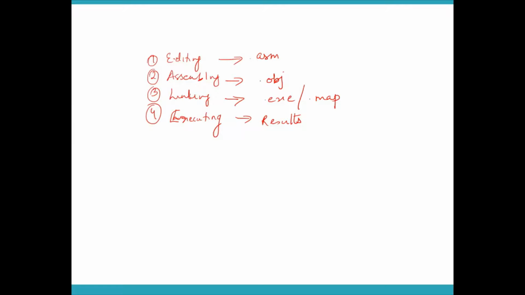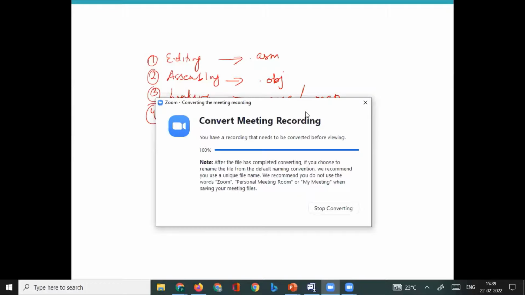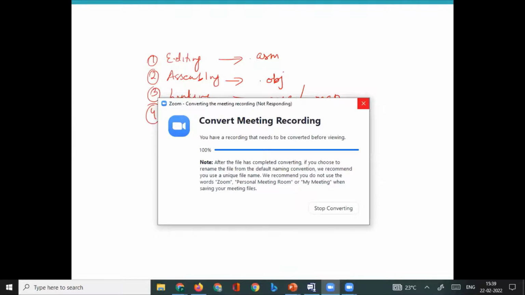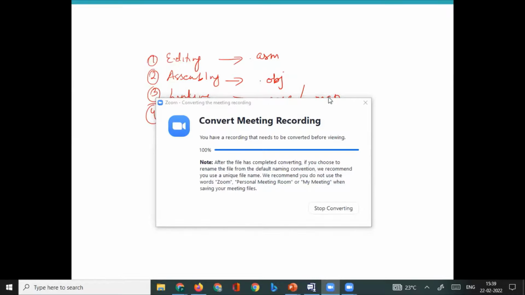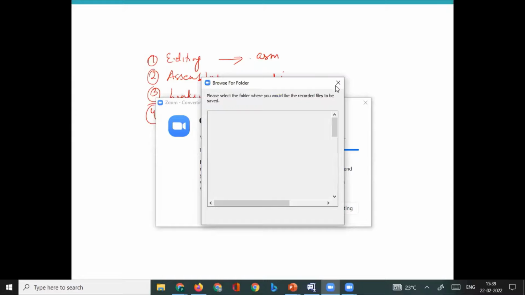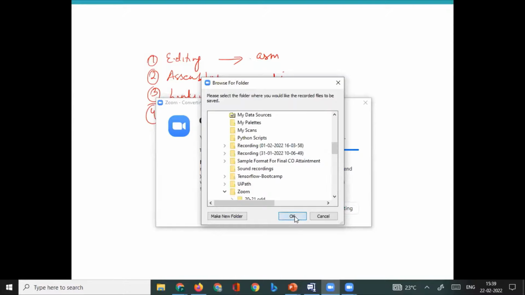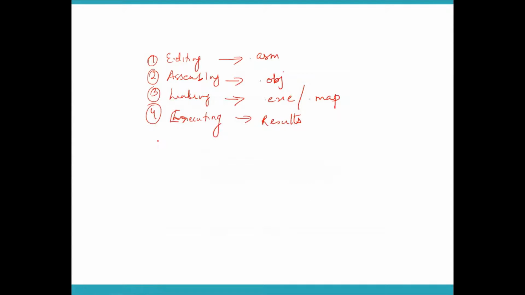Now, the next point that we have to revise is, what are all the features of assembly language programs? Whenever you write an assembly language program, you might have observed that there are many entities in it.